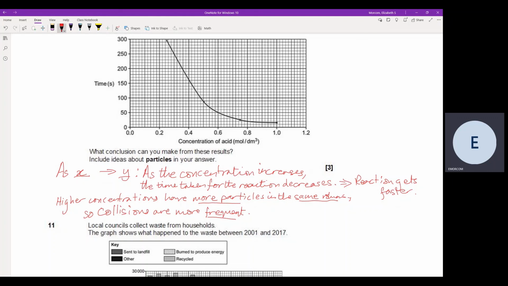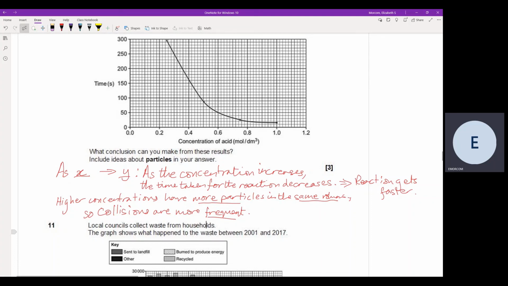It might be that when we had a lower concentration, if something else had gone wrong, there might be a greater total number of collisions overall, but that would take a much longer time than getting a smaller number of collisions overall that occur in a very short space of time. So it's the frequency that's important.